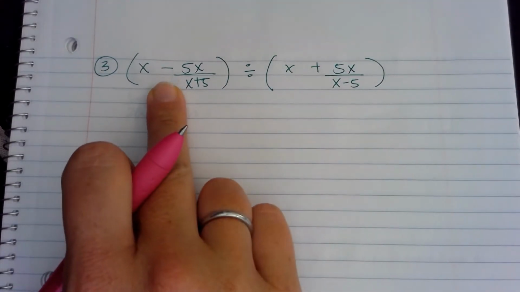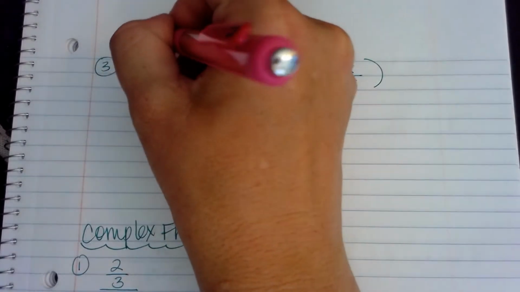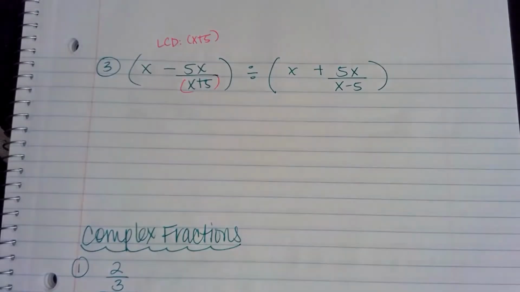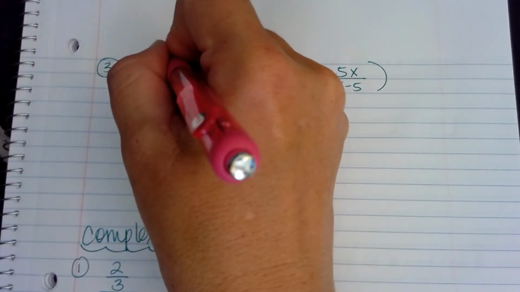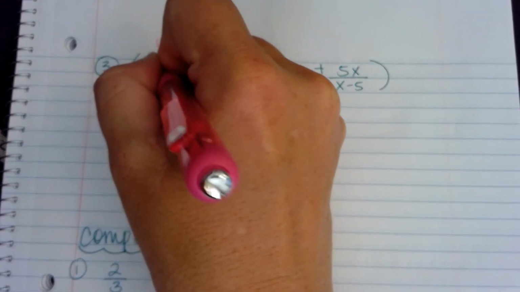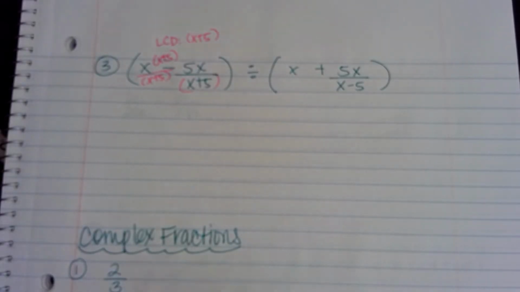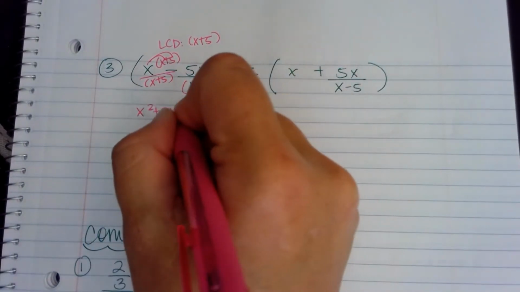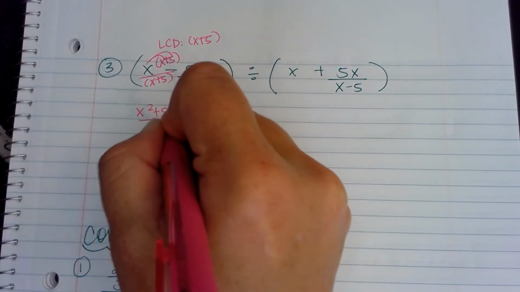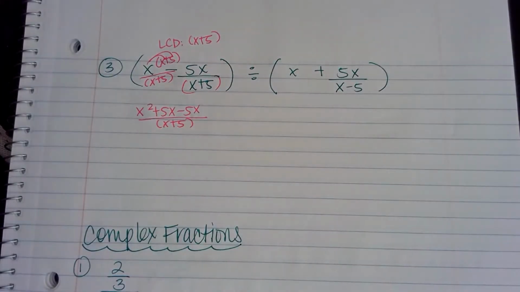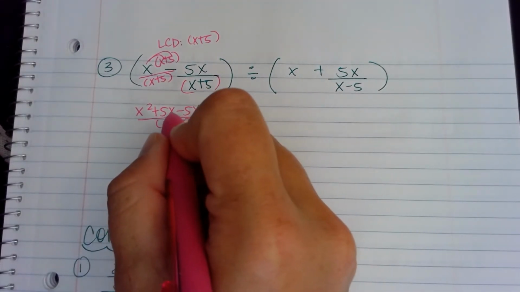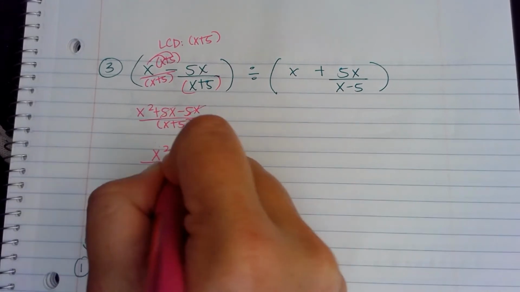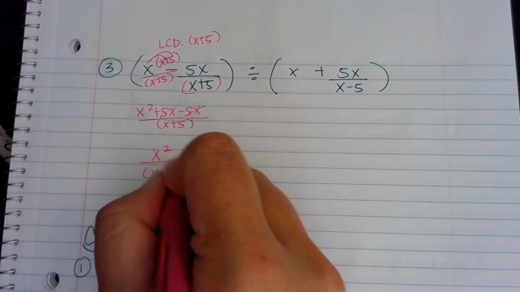So left side, their LCD is going to be x plus 5. So there's a group. So I'm going to multiply this by x plus 5 over x plus 5. So when I distribute, I get x squared plus 5x minus 5x all over x plus 5. And when I combine, that ends up canceling, and I just get x squared over x plus 5.